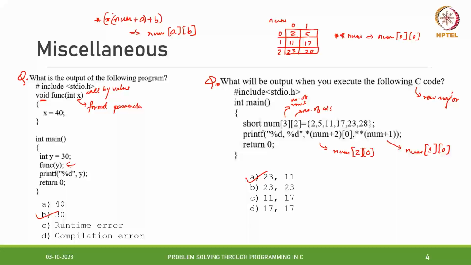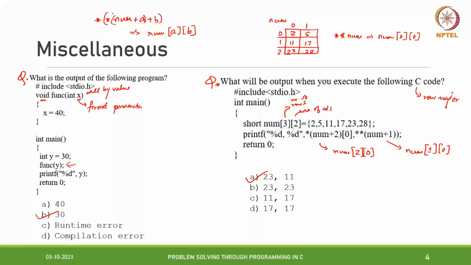Here I am saying num plus 2, that means it will move from pointing to 0 0 to pointing to the third row. So it now came to the third row. Next I am saying index of 0, that means this b is 0.